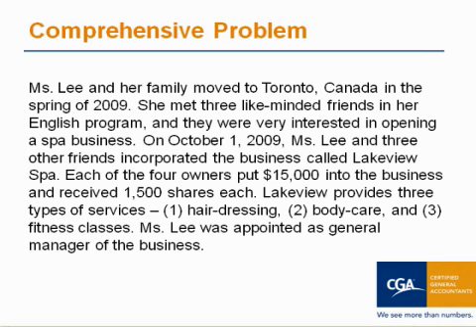So starting again, we have Miss Lee. She started up a business with 3 friends, and they have put $15,000 each into the business, and we're going to start looking at all of the transactions that have been provided for us in order to do the analyzing and reporting of transactions. So let's start.